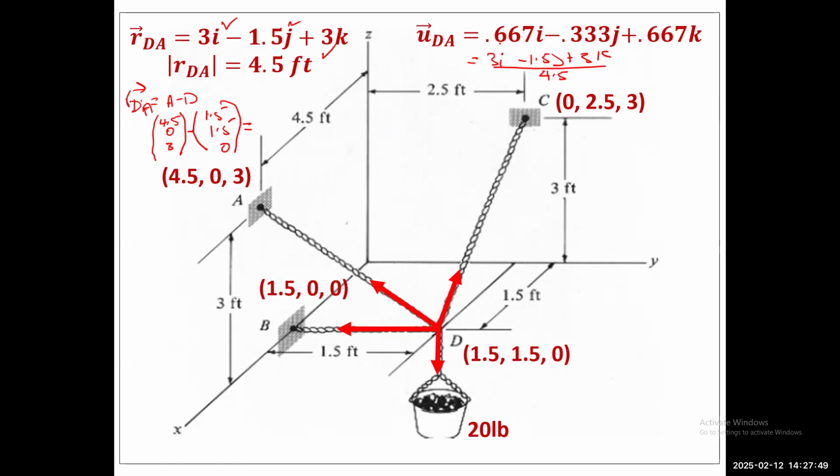And there you get 0.667i, then you get minus 0.33j, then you get 0.667k. So you get all of these values when you divide by the 4.5. And that's your unit vector.